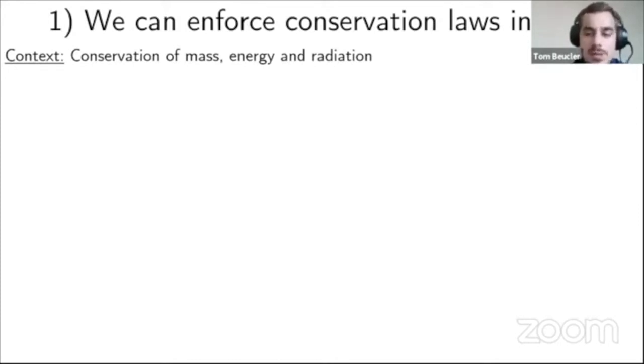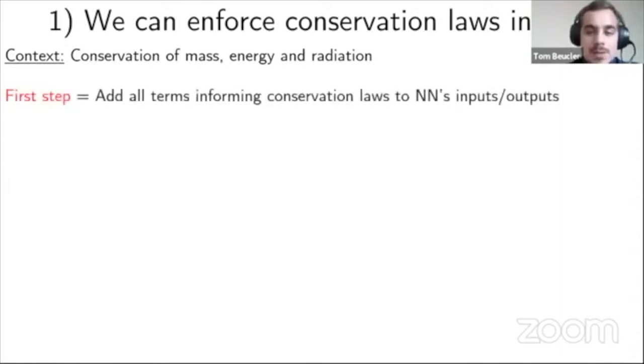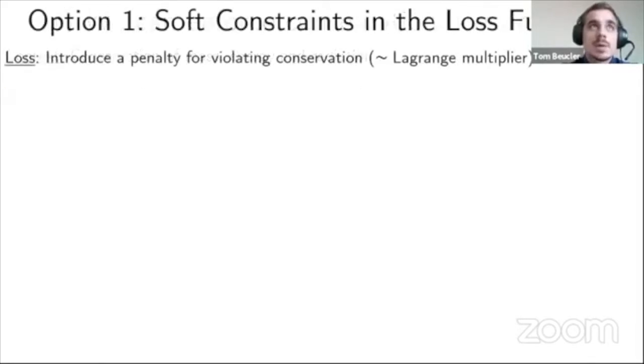We use neural networks because they have high representation power and scalability, but some of these ideas could be transferred to other machine learning algorithms. So the first step is to add all the terms informing conservation laws to the neural network's inputs or outputs. And once you do that, I'm going to present two options to enforce conservation laws in neural networks.